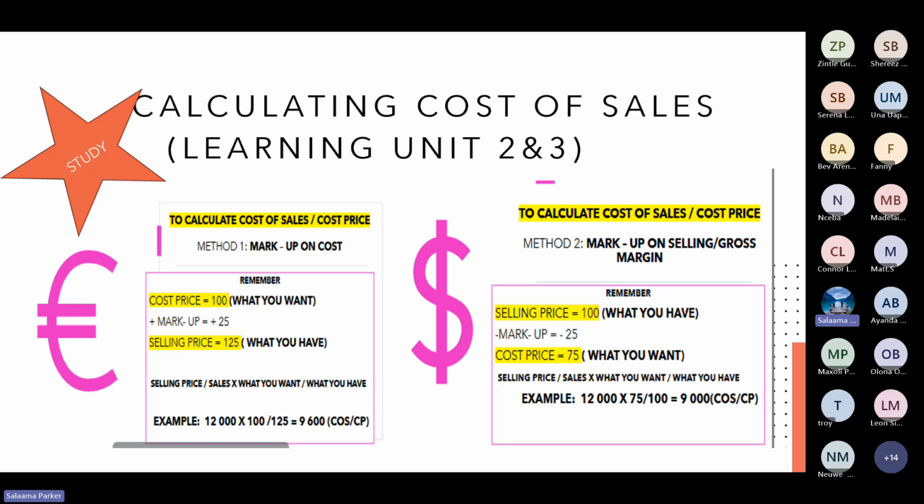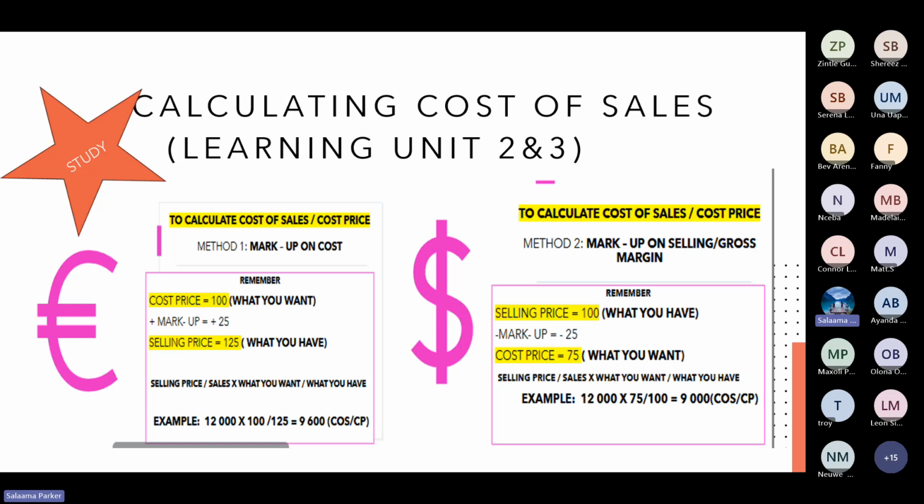We add our markup, our selling price is 125, and our formula is the given multiplied by what you want divided by what you have. So you will have your selling price or sales, and then you must calculate what you want divided by what you have, for both formulas.